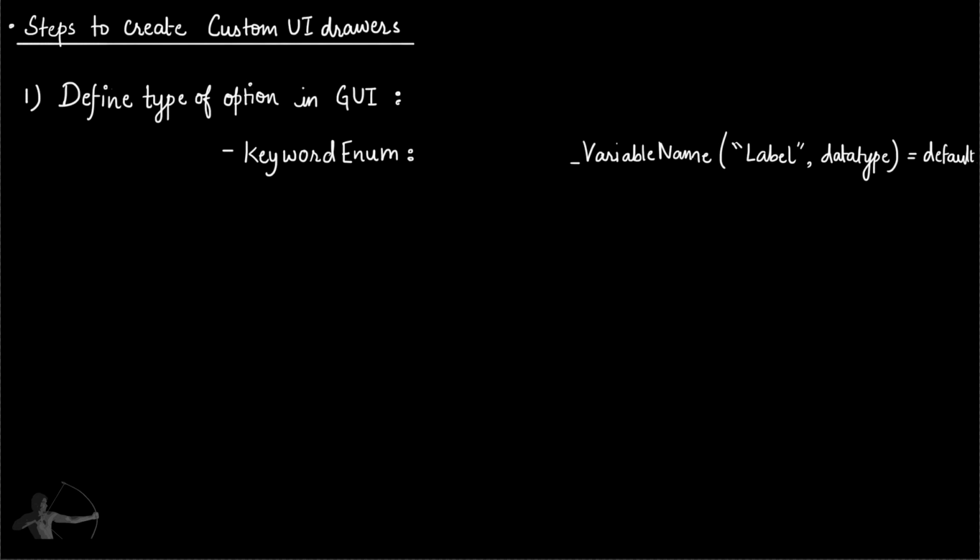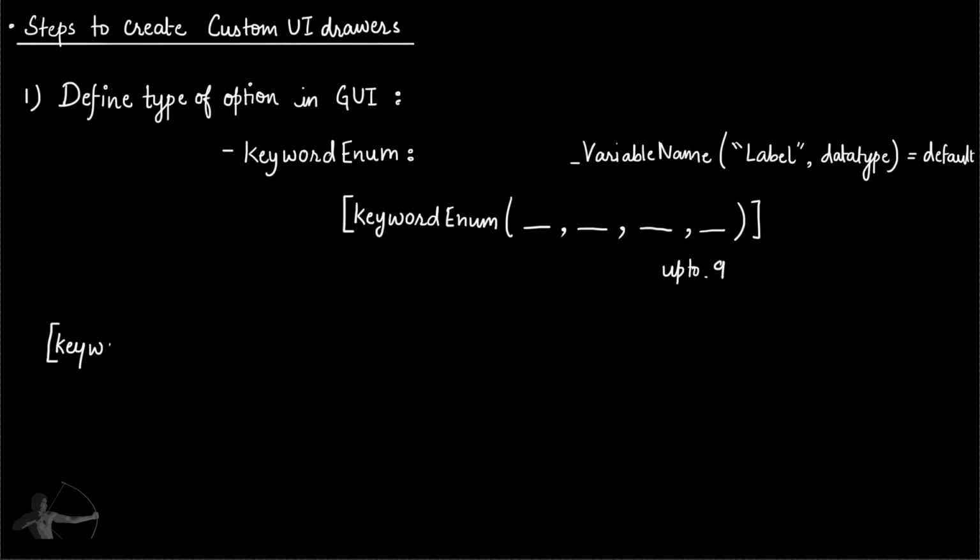What we will do in this case is we will add a prefix of square bracket KeywordEnum, and then we will define all the options that we want to use, and we can define up to 9 options. So in this case we will define just 2. So the way we will declare our property will be KeywordEnum.